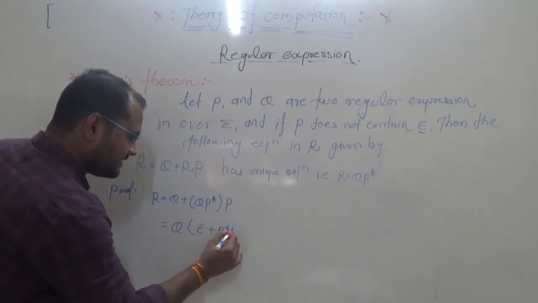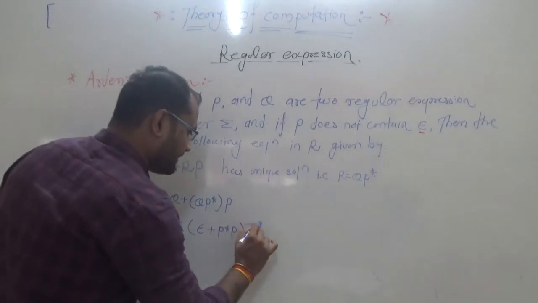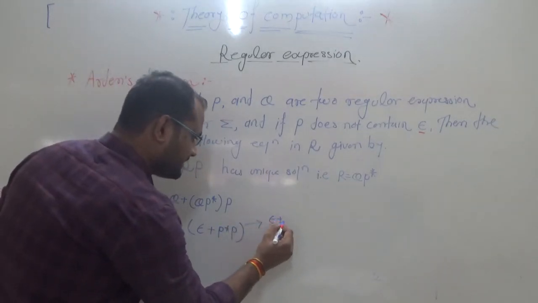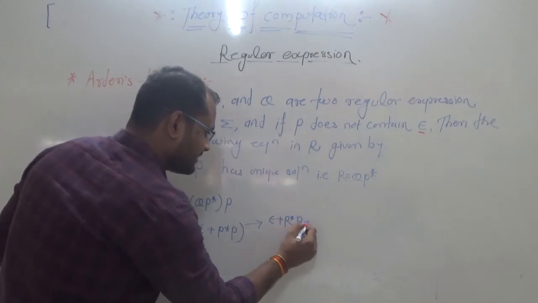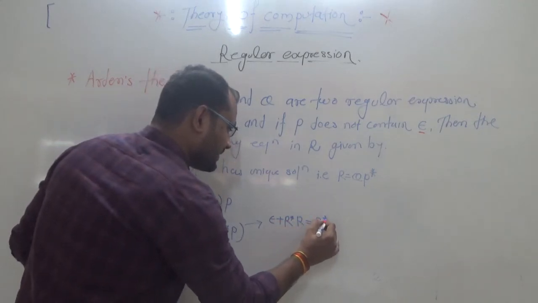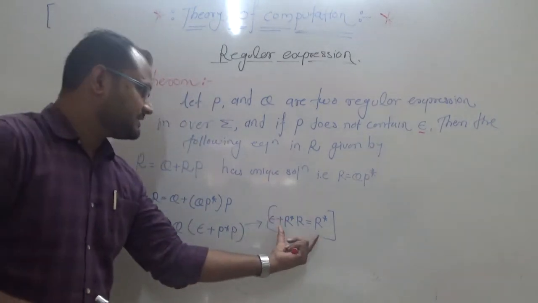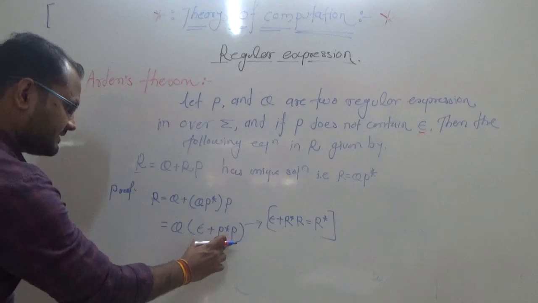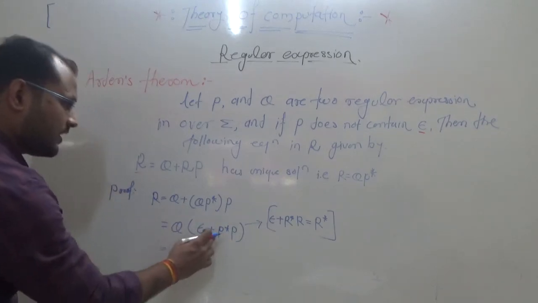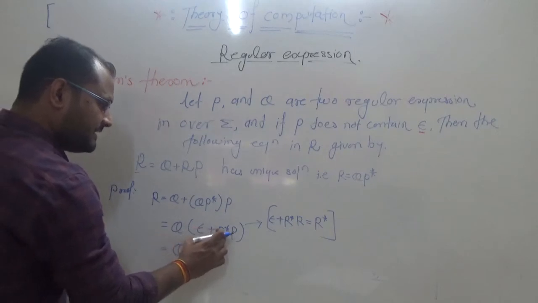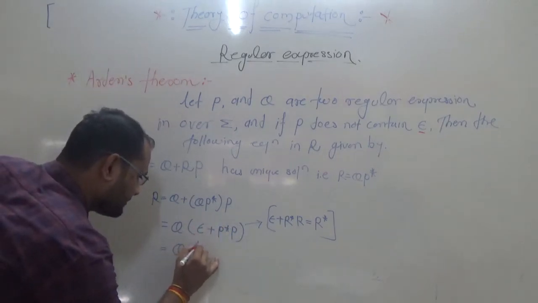There is one important rule: epsilon plus R*R equals R*. According to this theorem, we simplify the equation as Q times epsilon plus P*P, which gives QP*.